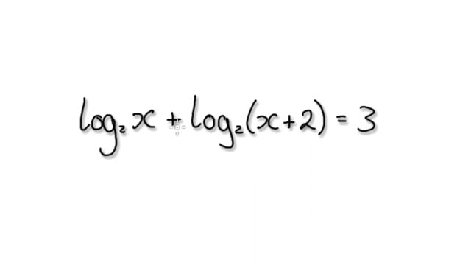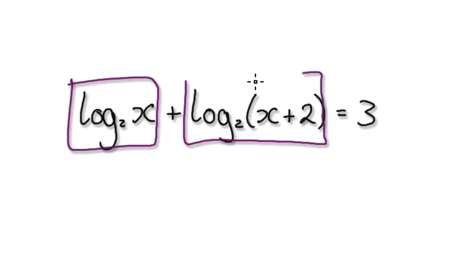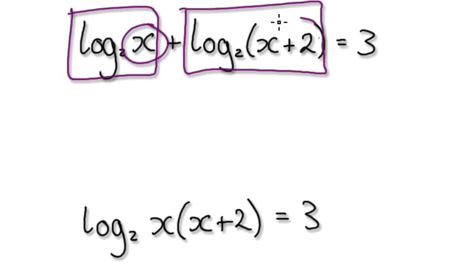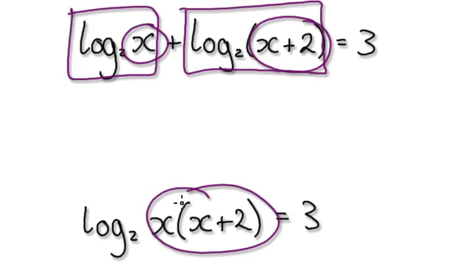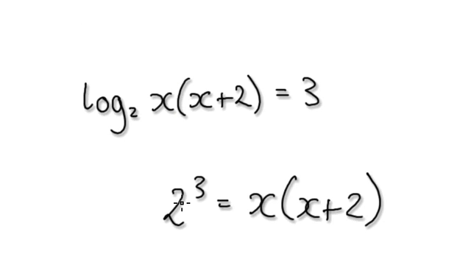Okay, so here it's your turn to have a go now. So solve this. So press pause and have a go. Okay, so here you can see that it's one log adding another log. So that means you can get this times it with this. Okay, and then now translate this.